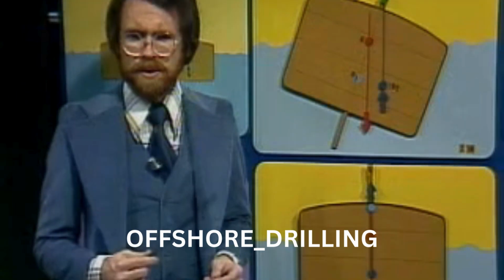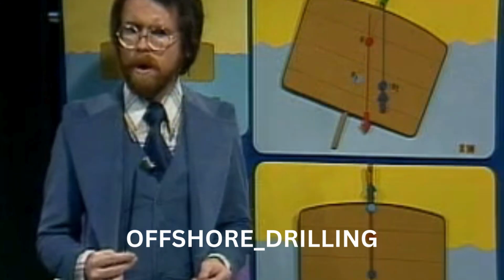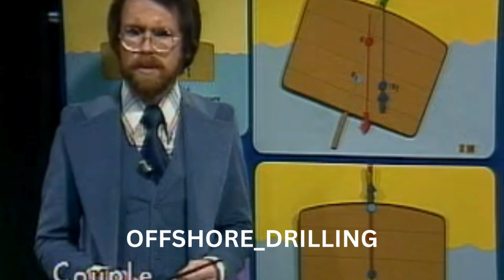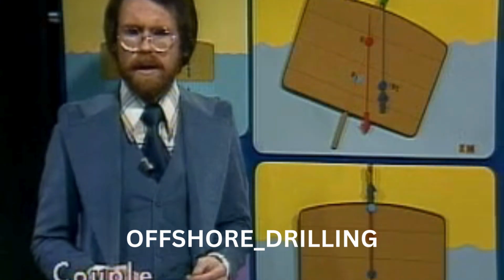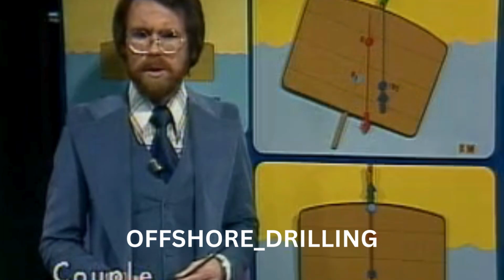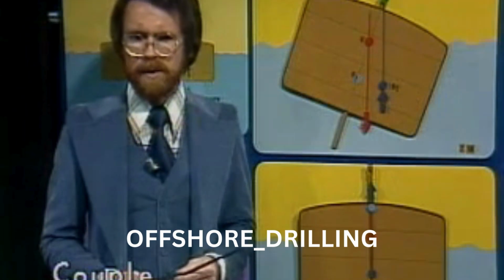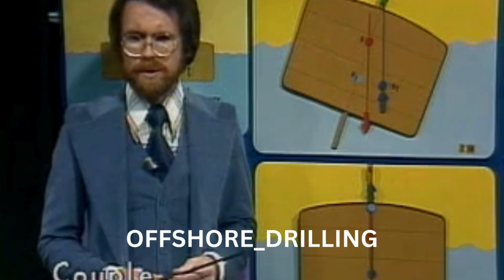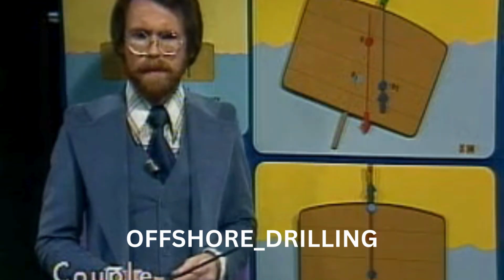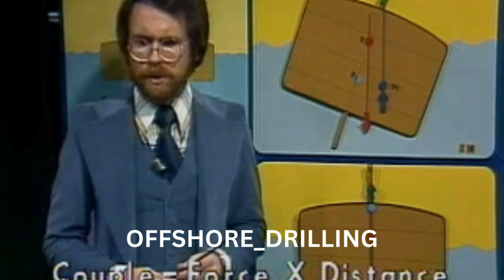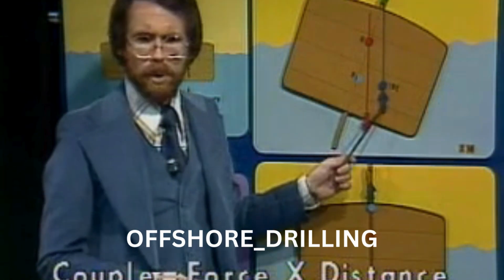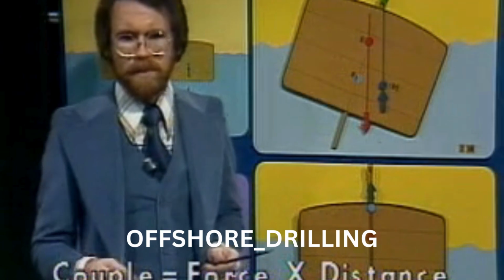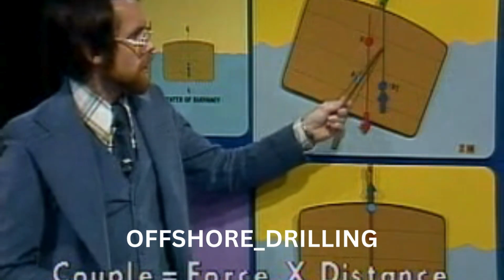This tendency to return is caused by what we call a couple, which is created by the opposing forces of gravity and buoyancy. A couple is formed whenever two equal forces are acting upon the vessel in opposite directions and along parallel lines. It's expressed as a certain force, in this case the opposing forces of gravity and buoyancy, times a distance, and here it's the distance between the lines of force.